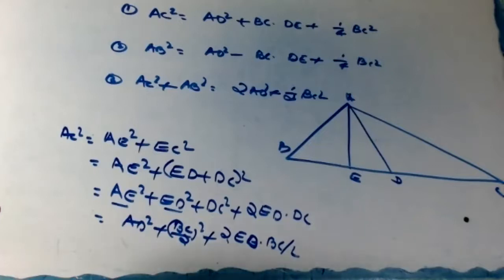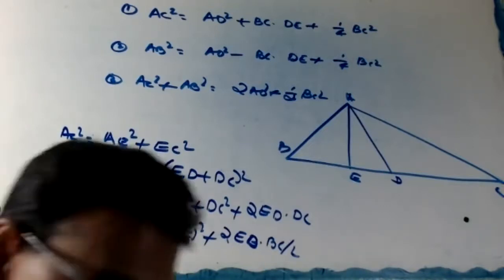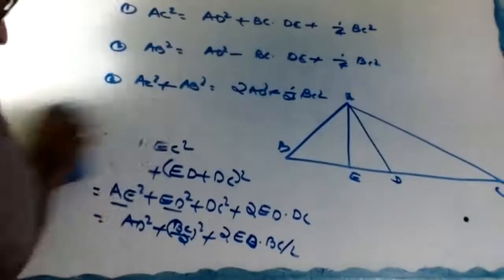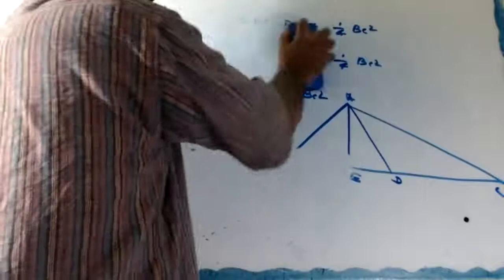If capital A is the area of a right triangle, and b is one of the sides containing the right angle.